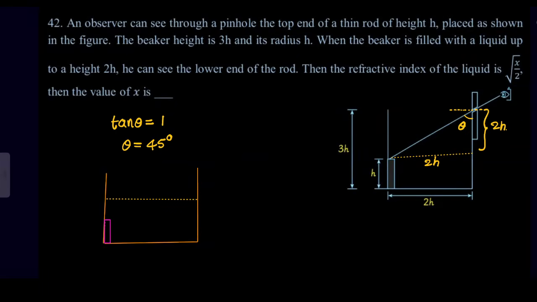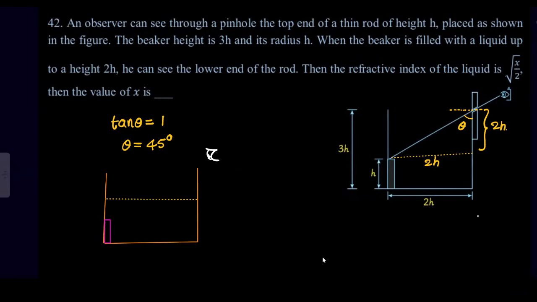Now this person who is observing here, that means the person is observing at the same location, right? So here only the person is there. He is observing here. So now what can he see? Tell me now. He can see the bottom of the rod.